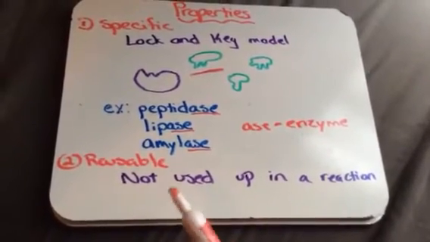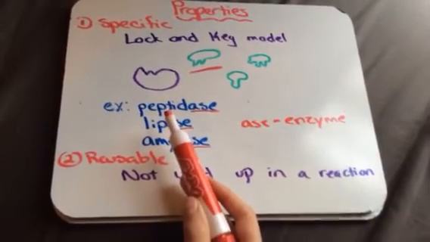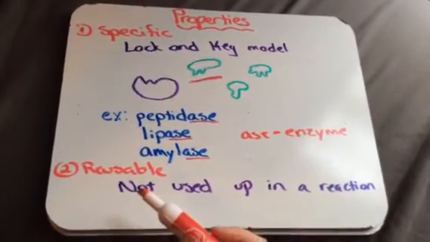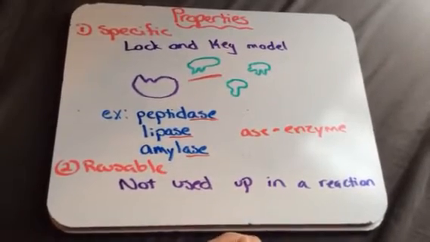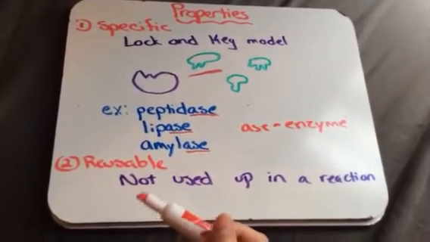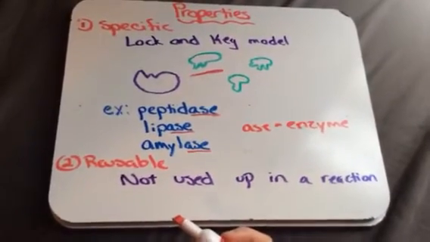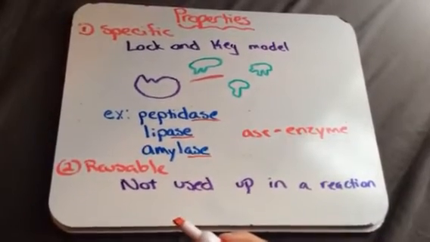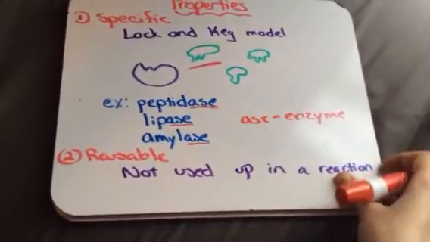But I just want you to keep in mind that once a peptidase enzyme breaks down a peptide, it can then go on to break down another peptide. Actually, you can think of it like scissors. Scissors would be your enzymes, and a piece of paper would be your substrate. Once the paper is cut, it is changed, but the enzyme, the scissors, do not change after the reaction. They can go and they can then cut more paper.